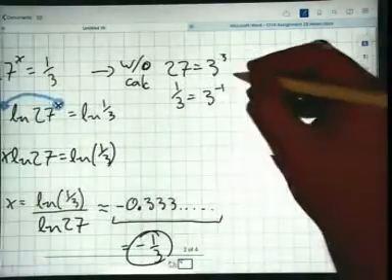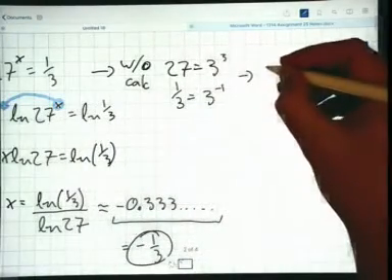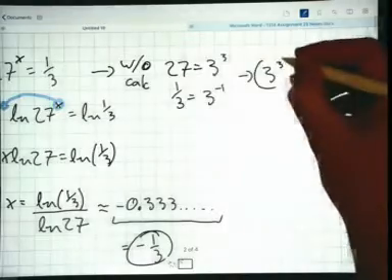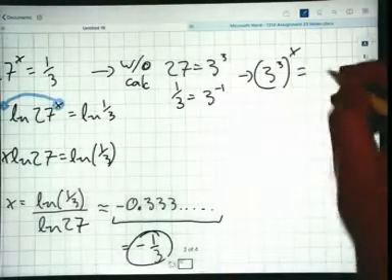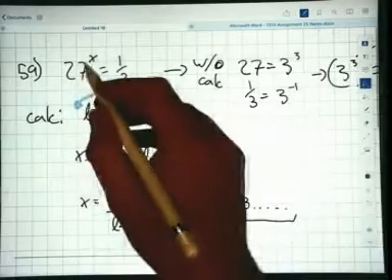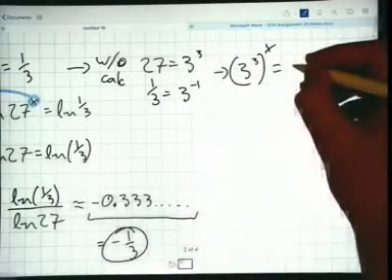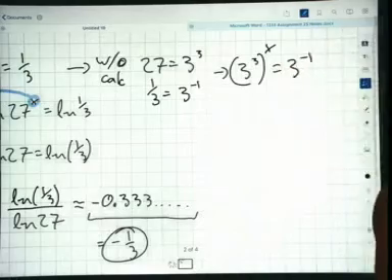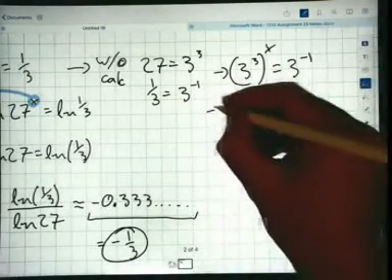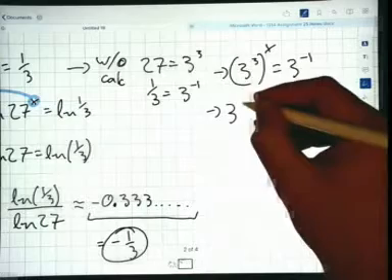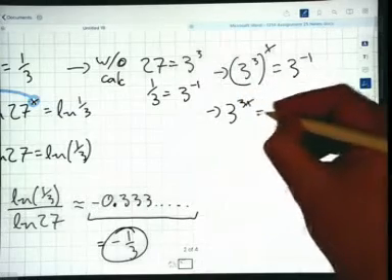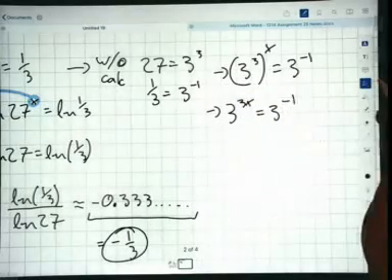So that means that I can rewrite this as 3 to the 3rd raised to the power of x, because that's 27. 27 to the x, that's 3 to the 3rd raised to the x, is equal to 3 to the negative 1. Which then means I have 3 to the 3x is equal to 3 to the negative 1.